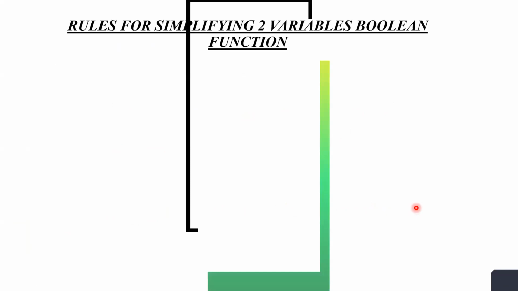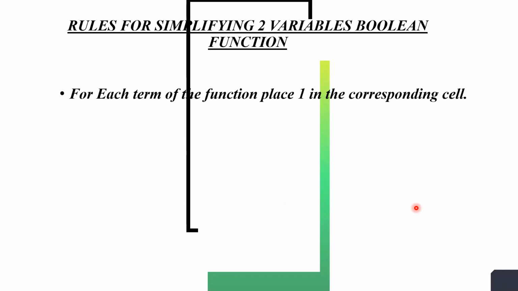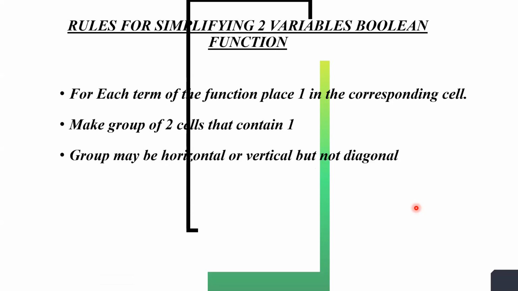Rule for simplifying two-variable Boolean functions: for each term of the function, place 1 in the corresponding cell. Then make groups of 2 cells that contain 1, meaning the values which have 1. A group may be horizontal or vertical but not diagonal.